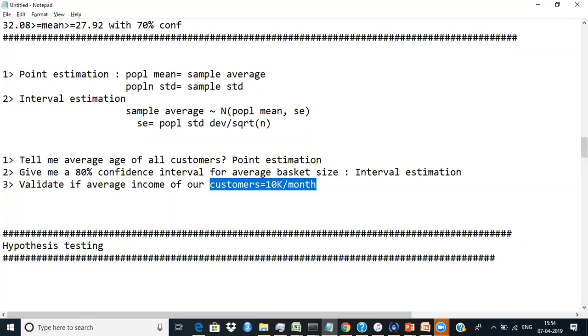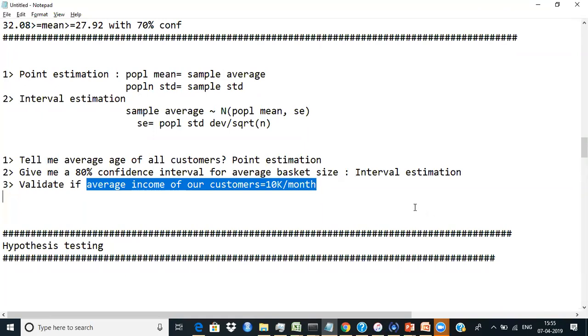If you get a statement like this, then this is a preconceived notion that you want to test, right? What is the preconceived notion? The preconceived notion is this particular line. This is a preconceived notion that somebody in the business has, and you need to validate whether this is true or false.